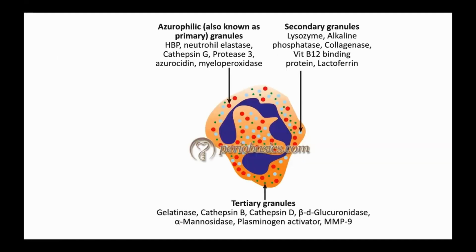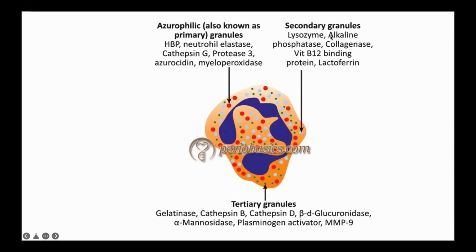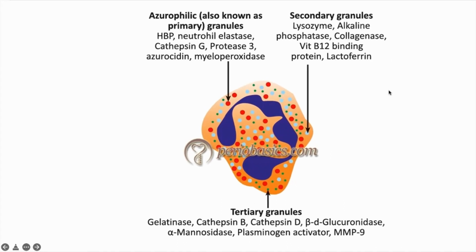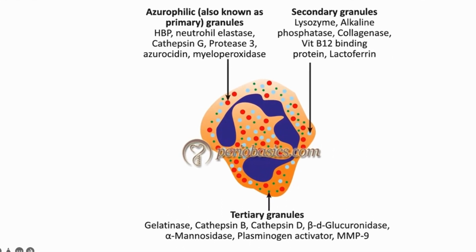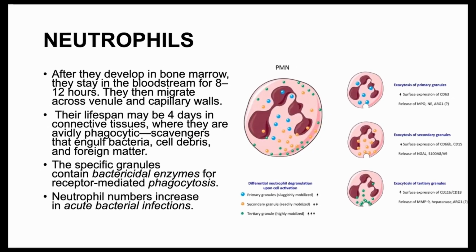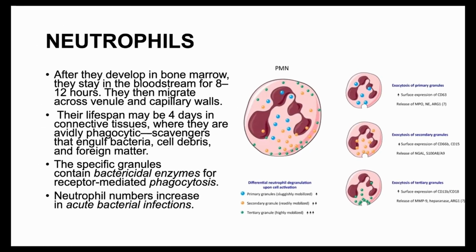So this is just showing the azurophil, the primary granule, secondary granule, tertiary granule, and what's in each. So what enzymes you can find: elastase, cathepsin, lysozyme, alkaline phosphatase, collagenase, B12 binding protein, different enzymes in different granules. As we said, the neutrophils stay in the bloodstream for a very short time, 8 to 12 hours.